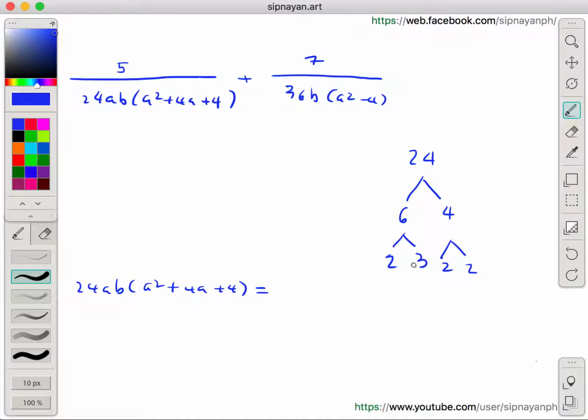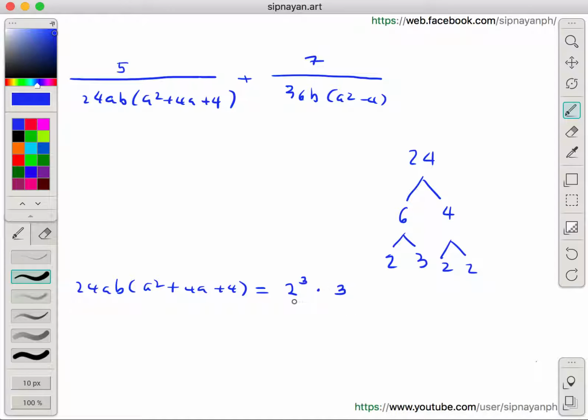So pag puro na prime numbers yung nasa dulo ng factor tree natin, gagawin natin is to express the product in exponent notation. So ang prime factorization ng 24 is 2 times 3 times 2 times 2. Pero gagawin natin siyang exponent notation. So 2 times 2 times 2, 2 cubed times 3.